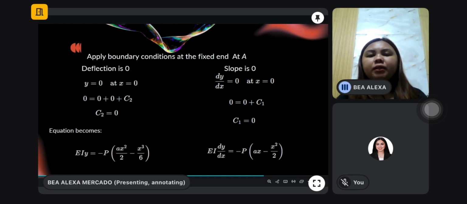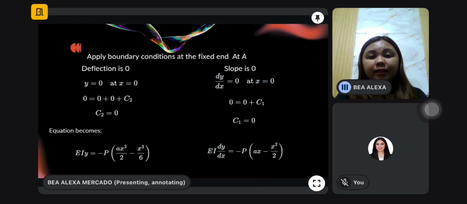Apply boundary conditions at the fixed end A. The deflection is 0, y equals 0 at x equals 0. Substituting, 0 equals 0 plus c2, thus c2 equals 0. The slope is also 0, dy/dx equals 0 at x equals 0. Substituting, 0 equals 0 plus c1, so c1 equals 0.